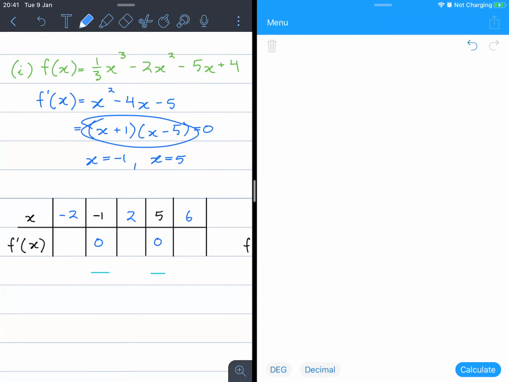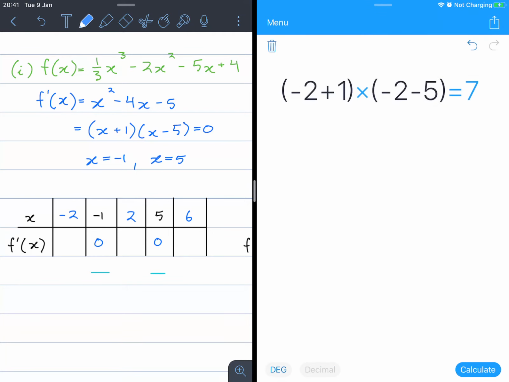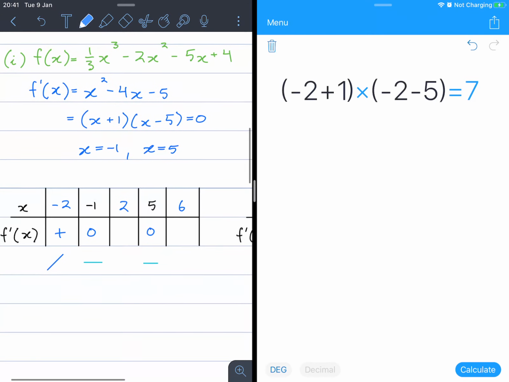So now those are the points we'll be testing in our derivative function. Because it's already factorized, let's use this one here. So let's substitute -2: -2 plus 1, -2 minus 5. That gives us 7, which is positive. So that will give us an increasing gradient like so.